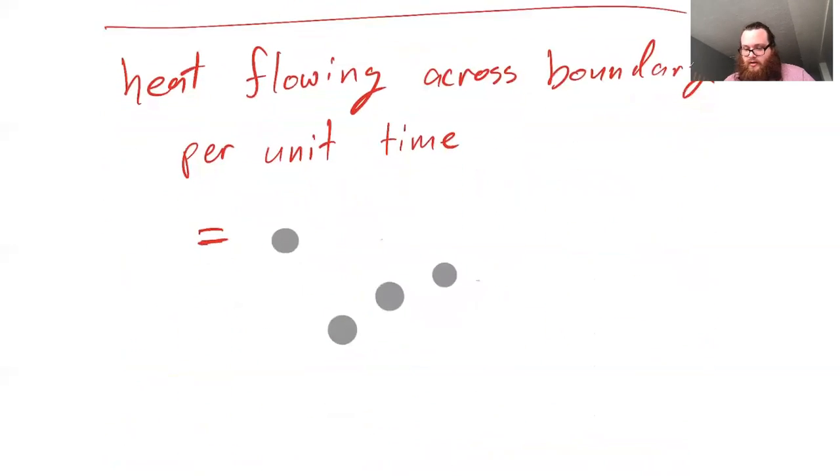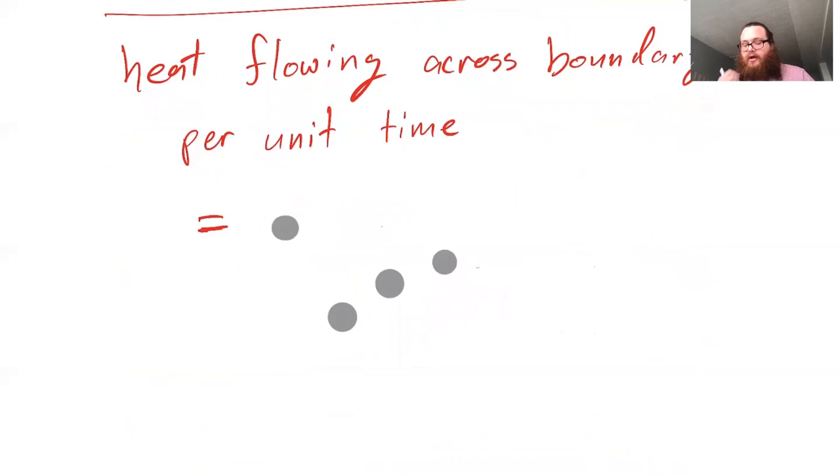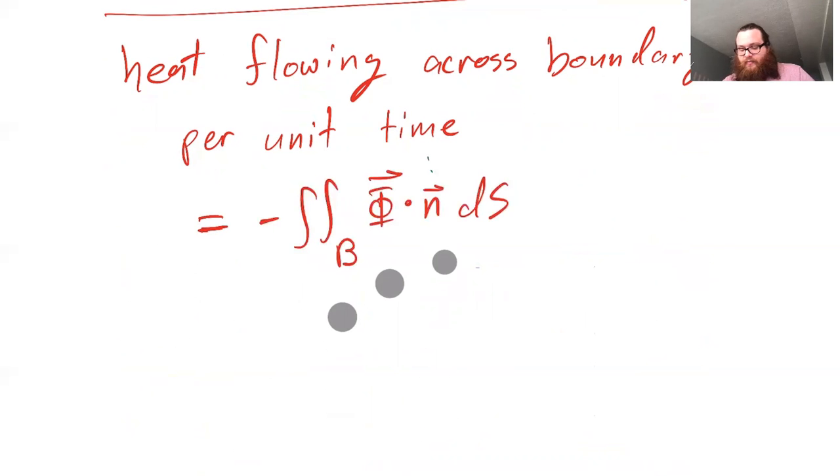Okay? So the second piece that we need to write down is the heat flowing across the boundary per unit time. Okay? So what does that look like? Well, in the end, it's going to take this sort of expression, okay? This phi bar, this is going to be some vector field that's telling us how energy is flowing, okay?